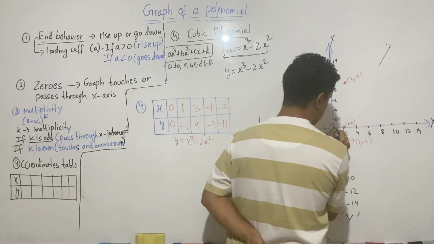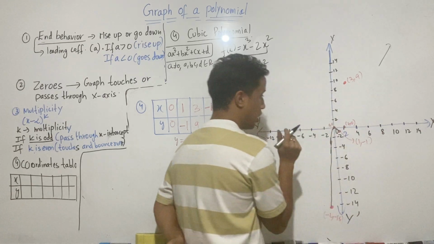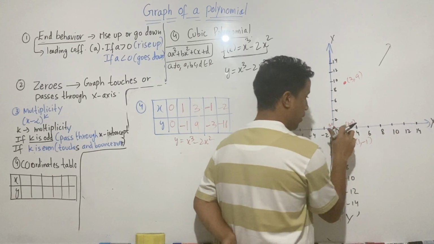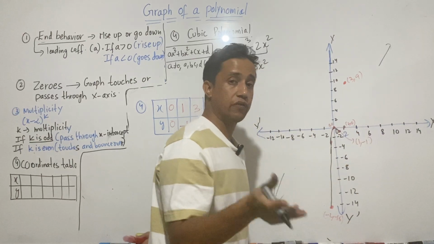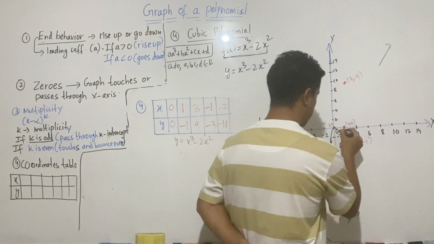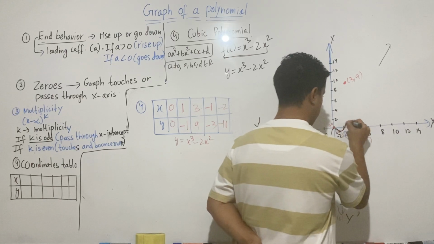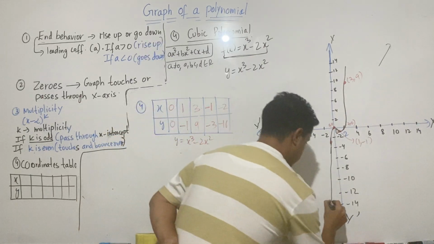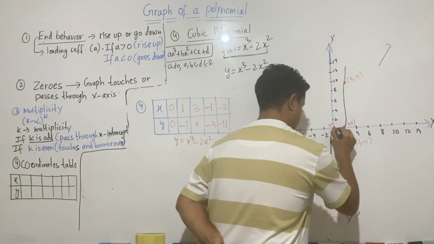It will touch and bounce. And the other is x equal to 2. The multiplicity was odd, so it will pass through. So it's going to be like this. This is going to be your graph.